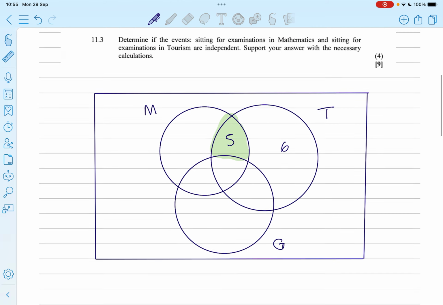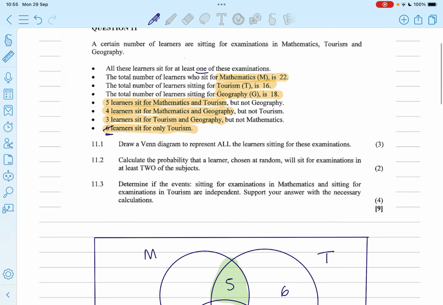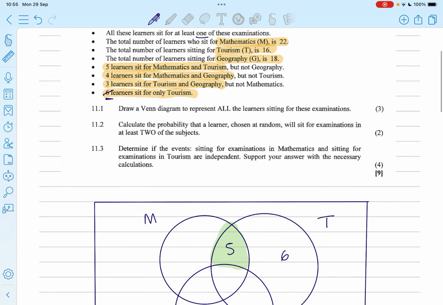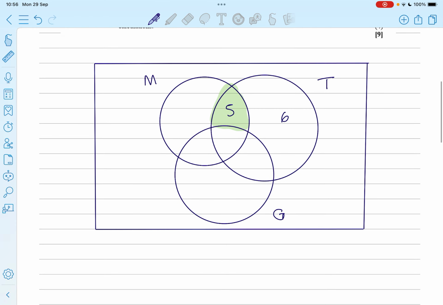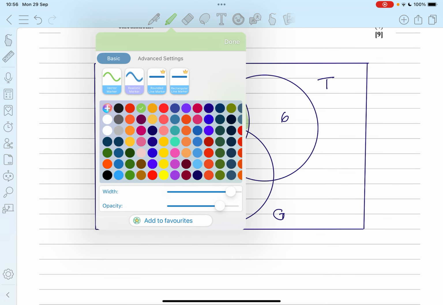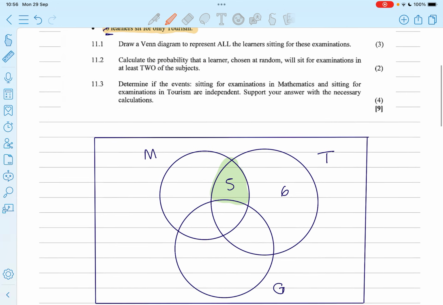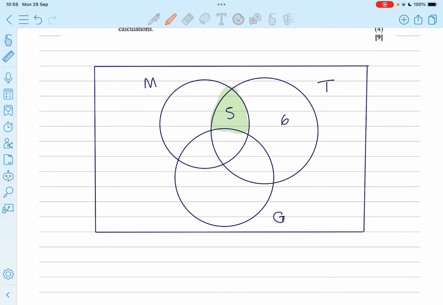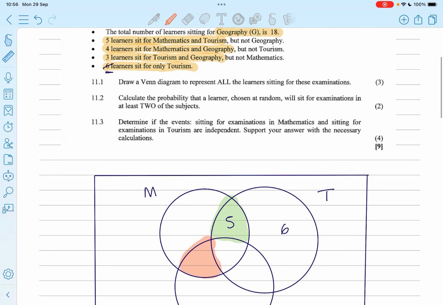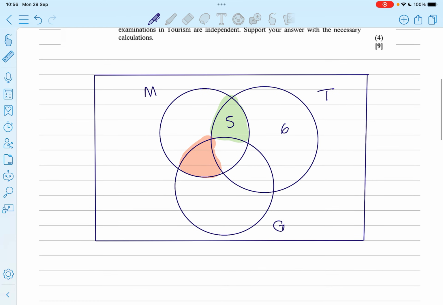And that's where that 5 goes. Then 4 sit for maths and geography, but not tourism. So let's pick a different color, maybe orange. So it's maths and geography. We're looking at this part of our circle, our intersections, and that number is 4.